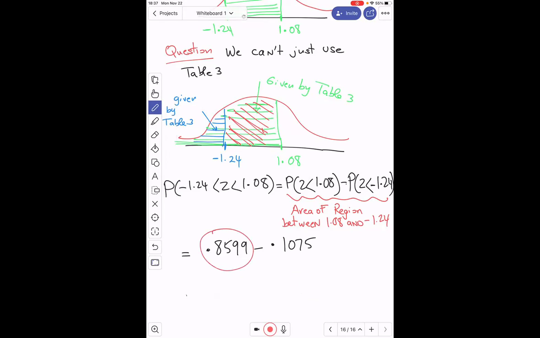So this is from the table, and this is also from the table. And then the answer would be 0.7524, which if you want to use a percentage with 2 digits, is 75.24%.